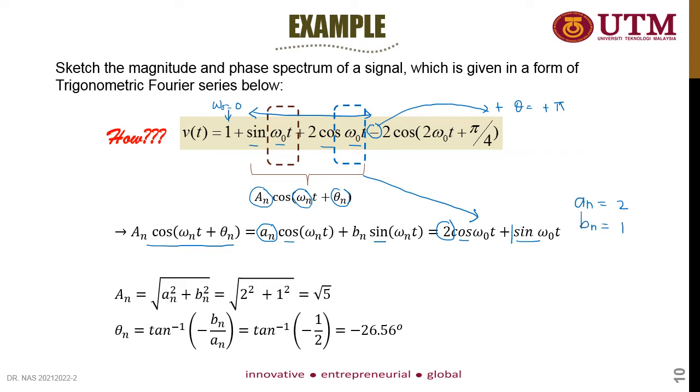To calculate the amplitude cn, it is the square root of an squared plus bn squared, so 2 squared plus 1 squared, and you get cn equal to square root of 5. Theta n equals inverse tangent of negative bn divided by an, so inverse tangent of negative 1 over 2, and you get theta n equal to negative 26.56 degrees.